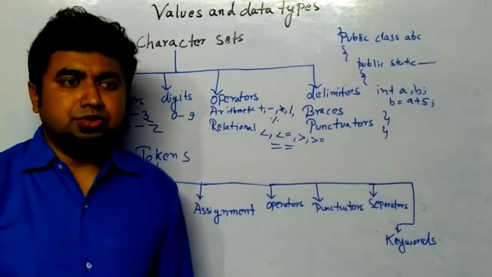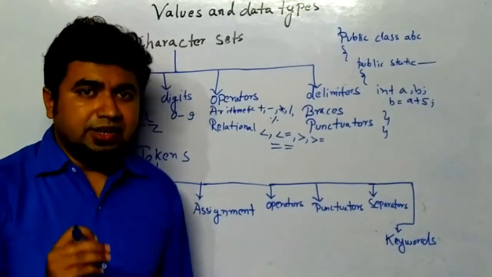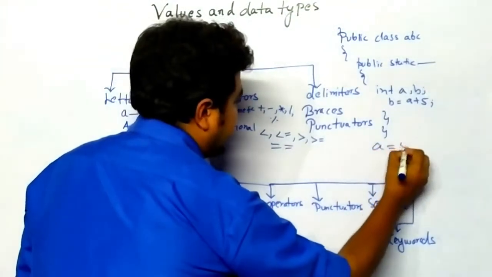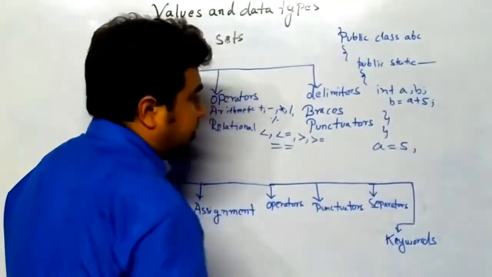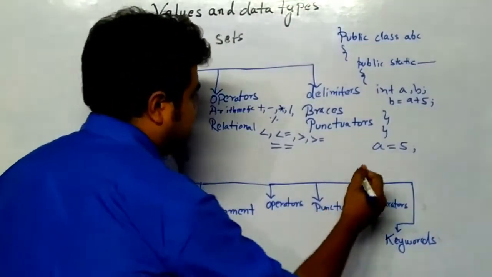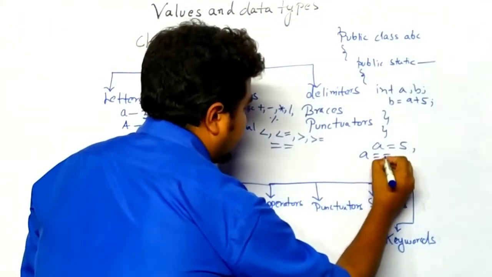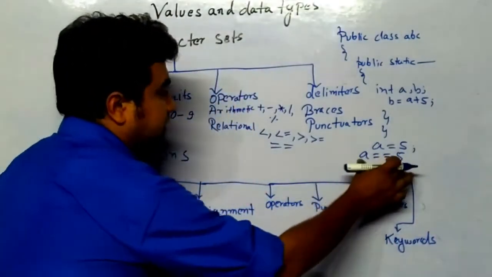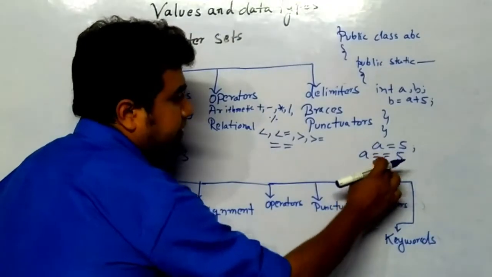Why do we use double equal to? Because single equal to, if I write A equal to 5, cannot be used as a comparison operator. If you have to check whether A has the value 5 or not, you have to write double equal to.